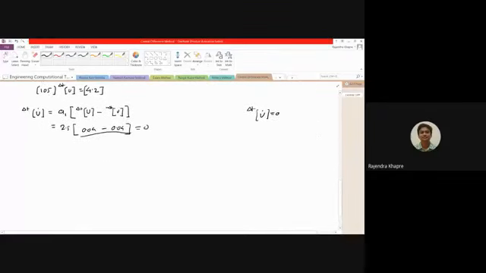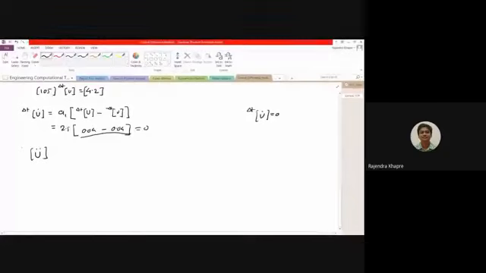That is the acceleration, u double dot at delta t.